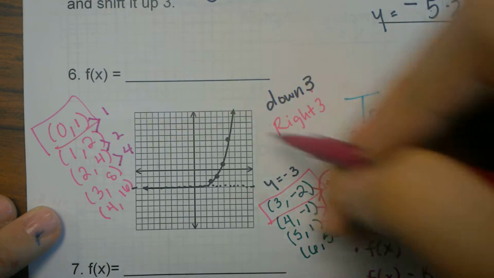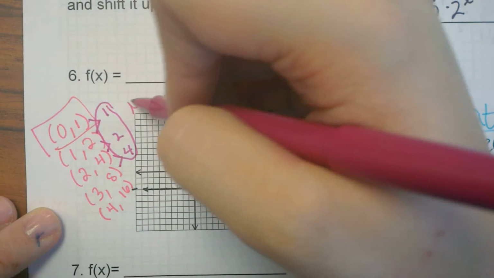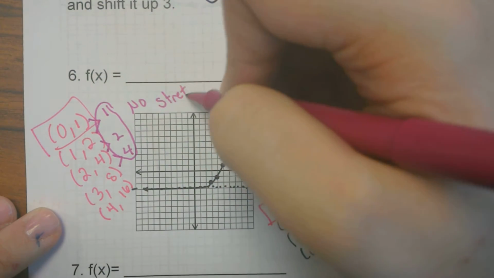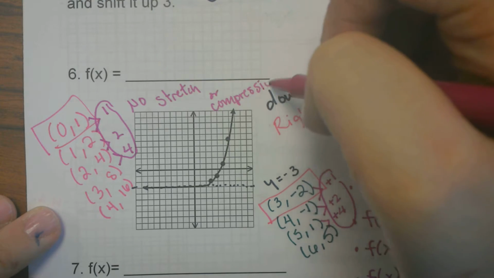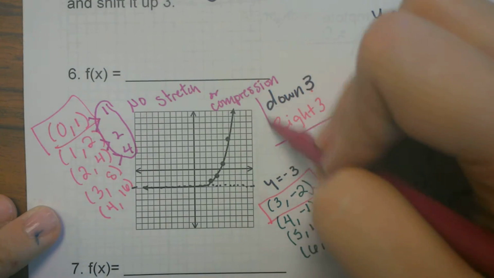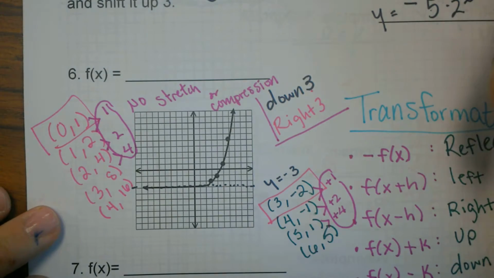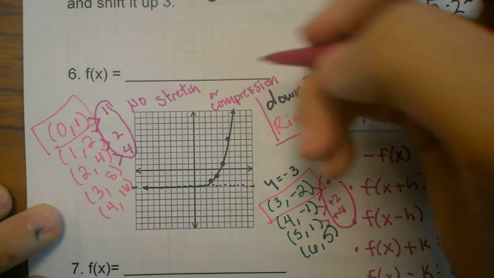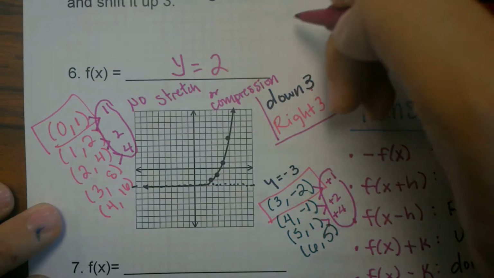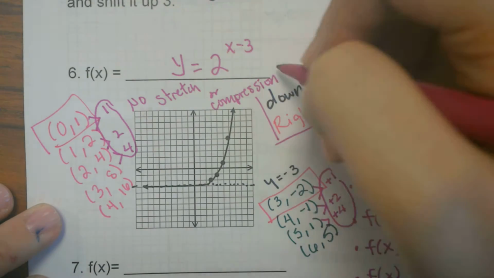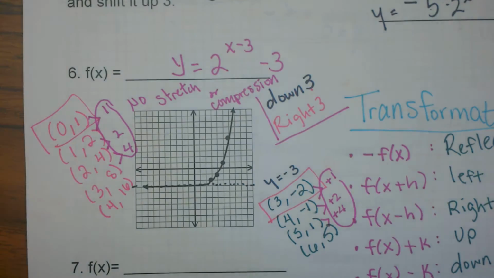So they're the same change. There's no stretch or compression. And so I just have these 2 transformations to look at. I went down 3 and right 3. So my equation would be y equals 2 to the x minus 3, minus 3.